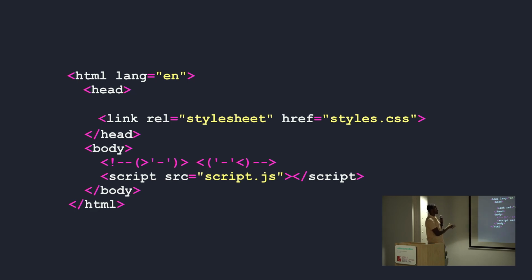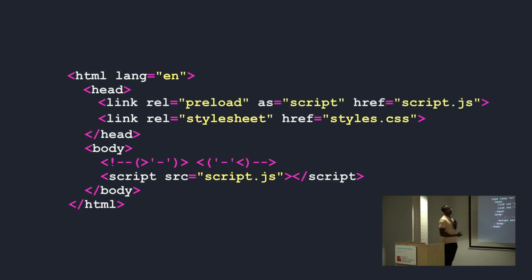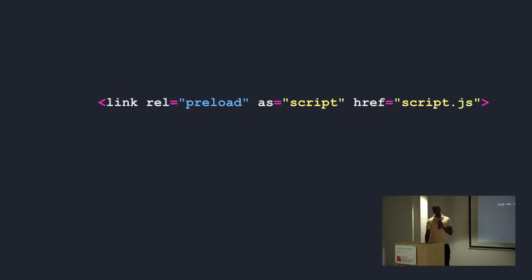So let's say this is the HTML that the browser first retrieves on the initial request. You can see that there's a simple style sheet file as well as a JavaScript file being referenced. One thing we can do in order to help the fact that multiple round trips are being made is leverage something called preload. Now, preload has a syntax a lot of us, I think, are familiar with.